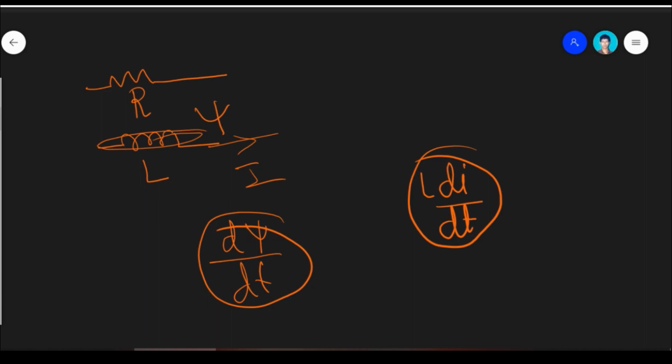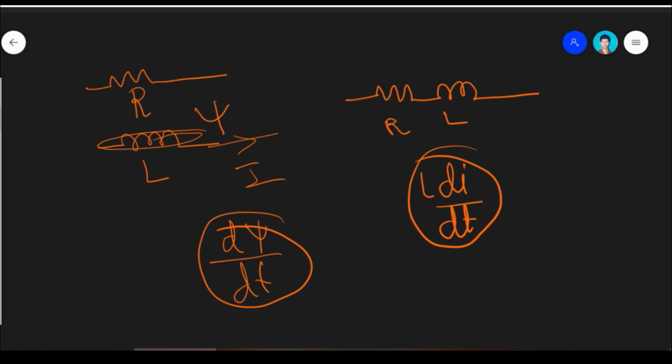So when you connect R and L in series, what will happen? The resistance is like a monk or a yogi who is totally okay with anything; whatever you offer him, he will be happy with that.